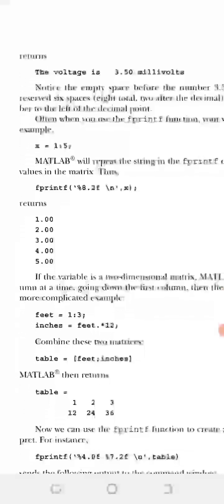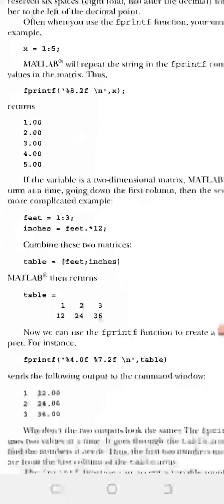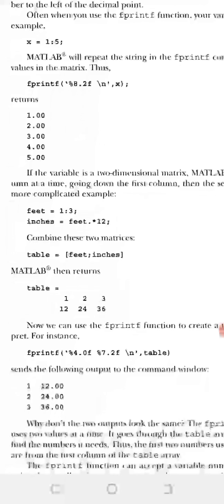But with this, you have changed it to a column. Remember why it is this way? The 2 represents the 2 decimal places. The 8 represents that you can have 8 numbers on your left, and the 2 represents the number of decimal places you're going to have at your right. So this is how this is done.